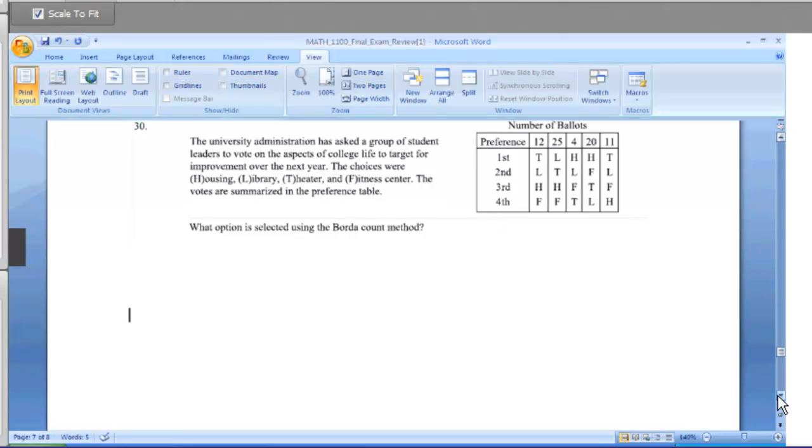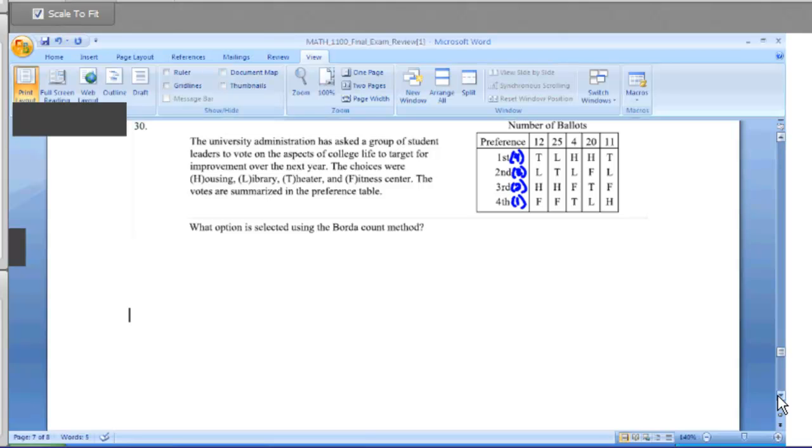The votes are summarized in the preference table. So using the Borda count method, we need to figure out which one wins. Again, there's 4 options. So instead of the previous example which was 3, since there's 4 options, first choice is worth 4 points, the second is worth 3, third choice is worth 2 points, and the fourth choice is worth 1 point.